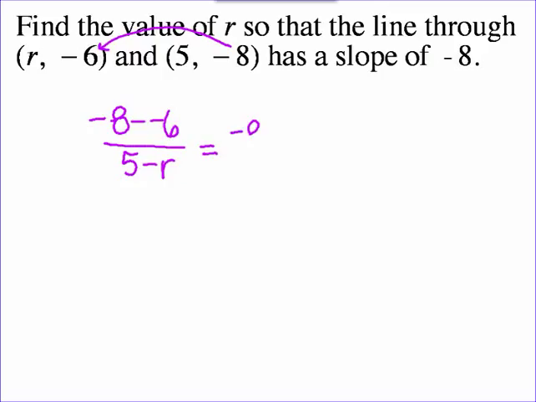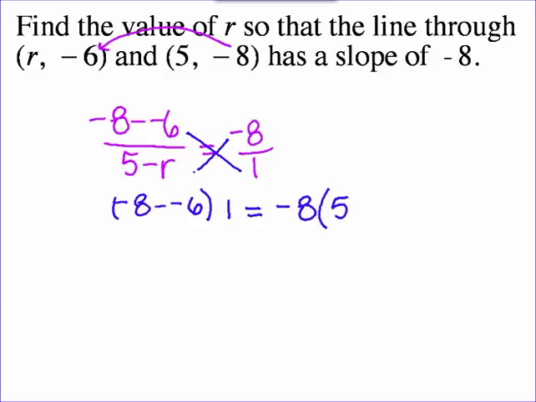I'm going to write that as negative 8 over 1 so that I can use my proportion like I've done before. So now all we're going to do is cross multiply. So I'm going to multiply here, and I get negative 8 minus negative 6, and I'm going to take that times 1. And then that's going to equal negative 8 times (5 minus r).